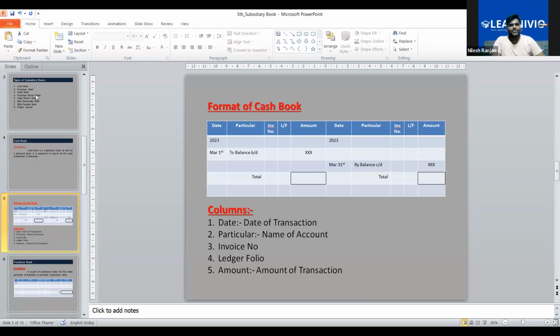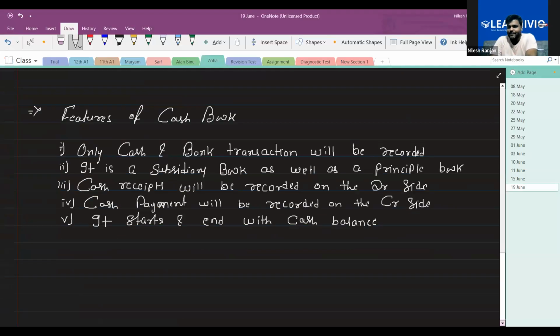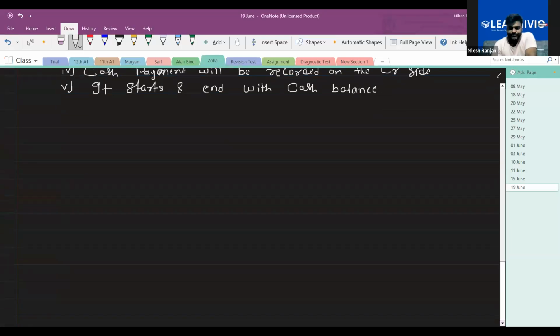Okay. So this is our cash book. Now, there are three types of cash book.